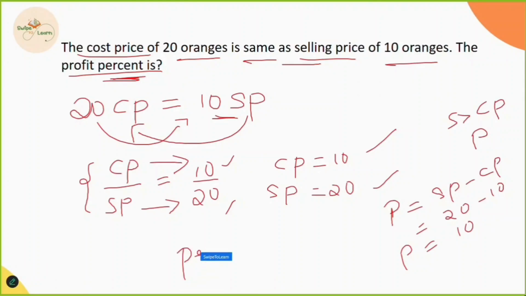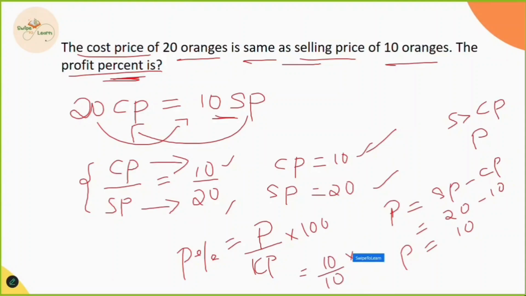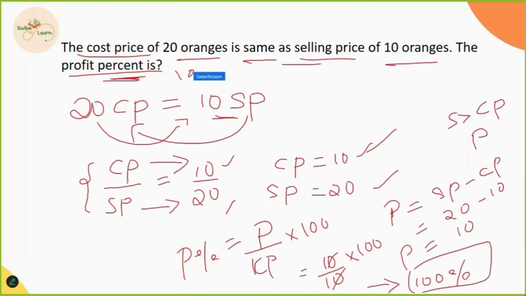Profit percent is equal to profit divided by CP into 100. Profit is 10 and the CP is 10 here, into 100. When 10 gets cancelled, the answer would be 100%. So the profit percent is 100%.